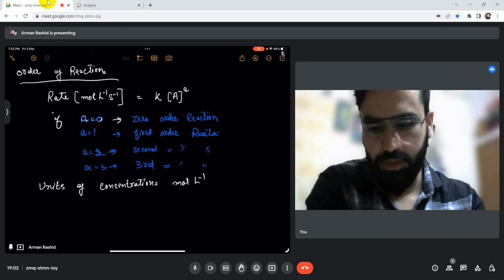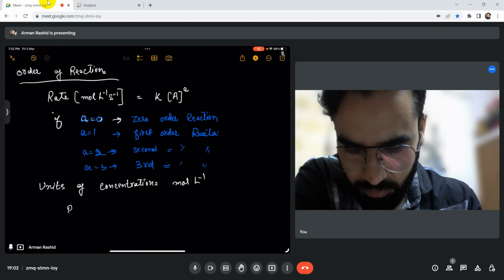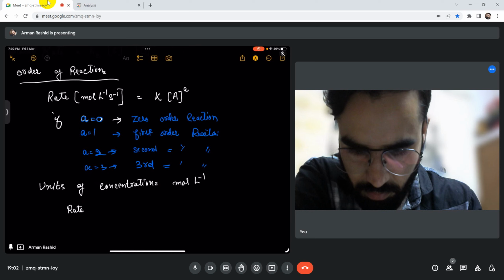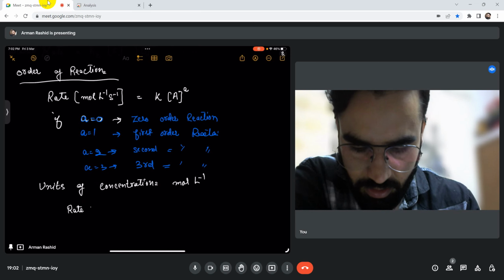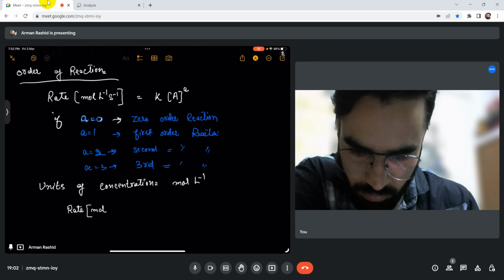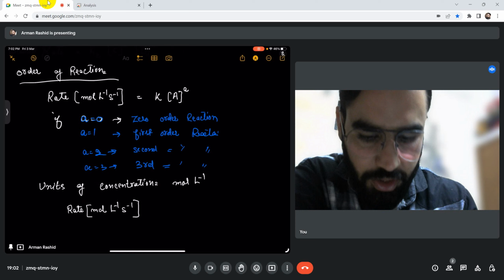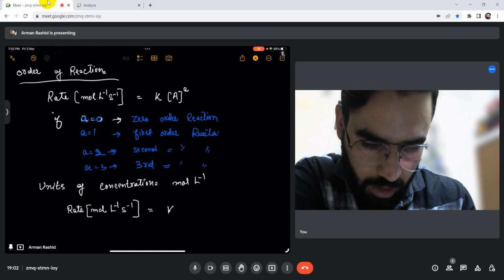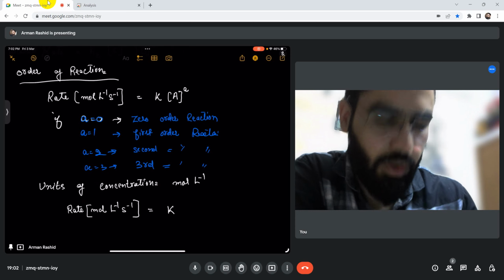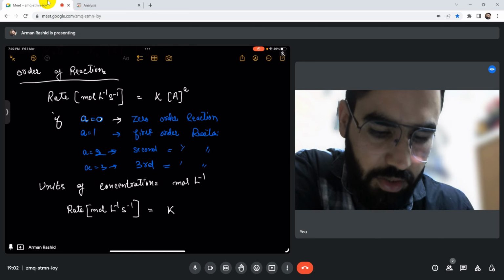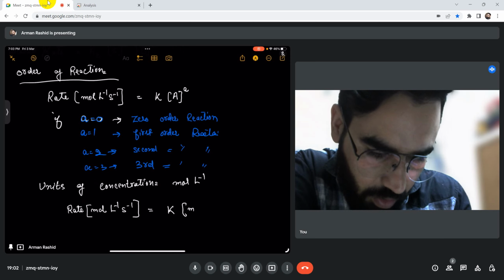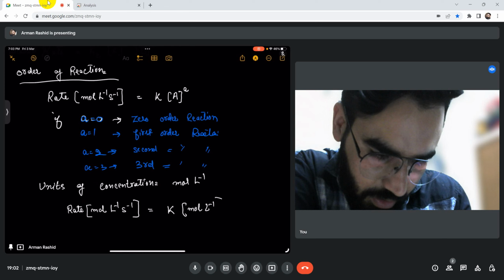For example, we know the rate unit is mole per liter per second. For a zero order reaction, since a is 0, the concentration becomes mole per liter raised to the power 0.